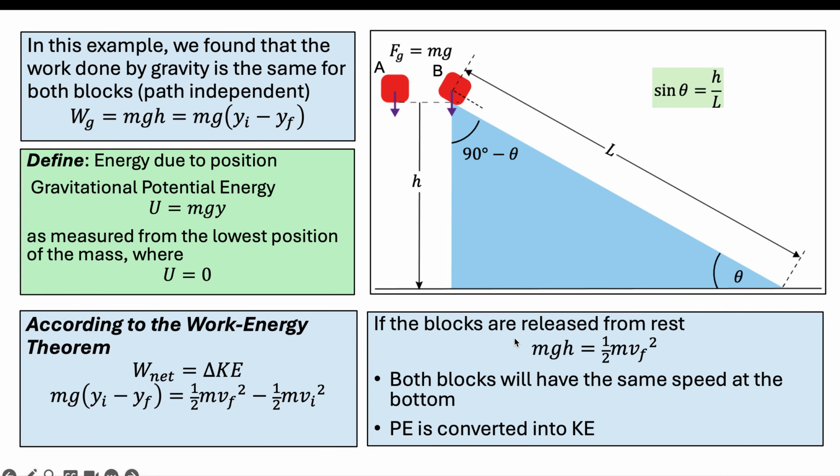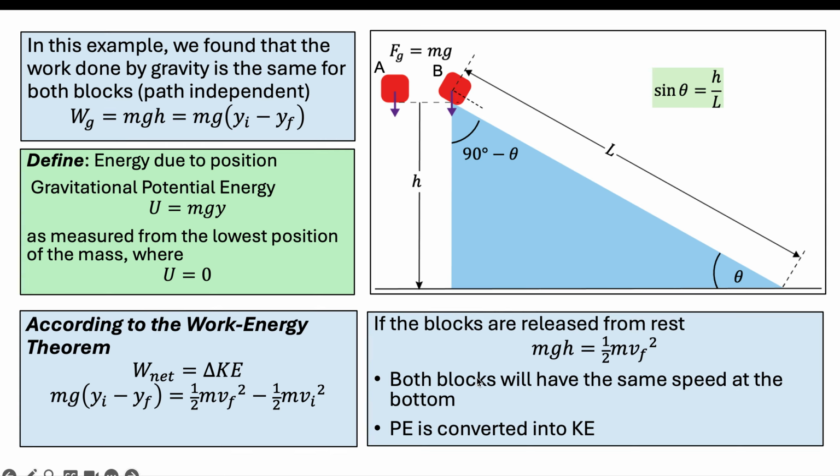If the blocks are released from rest, then we can think about this as the potential energy that we have to start with, mgh, because our initial height is h and our final position is 0. Our initial potential energy is just equal to our final kinetic energy. And this is assuming that there's no friction or any other forces that would be doing work on our system.